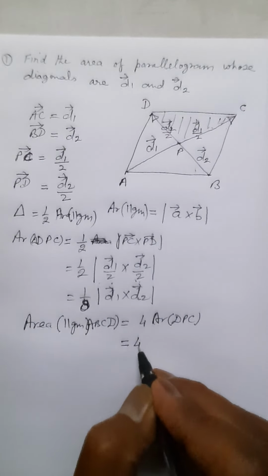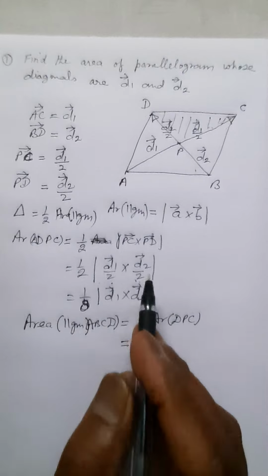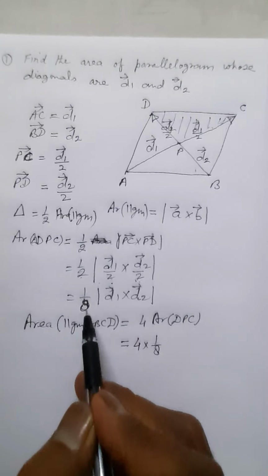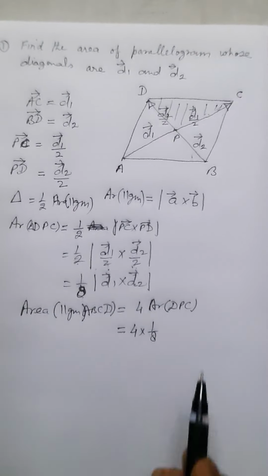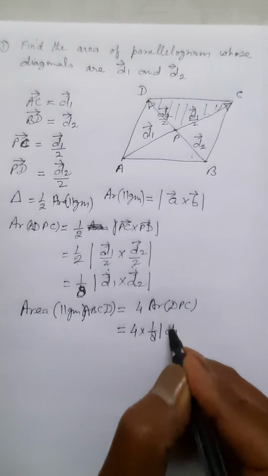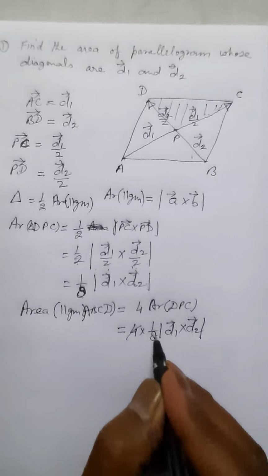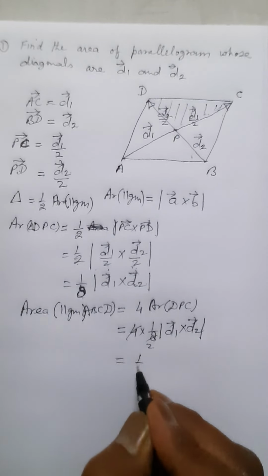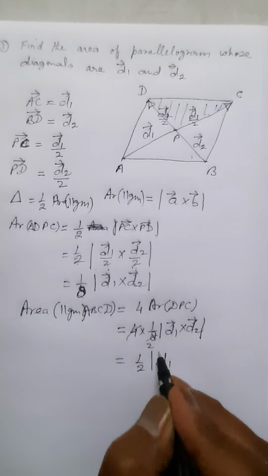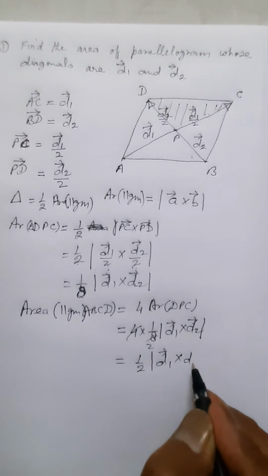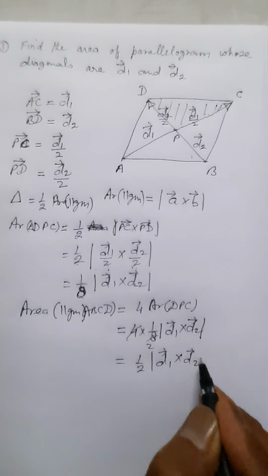So it will be 4 times 1 by 8, that is, 4 by 8, which is 1 by 2, d1 cross d2. So you can easily obtain the area of the parallelogram with the help of diagonals.